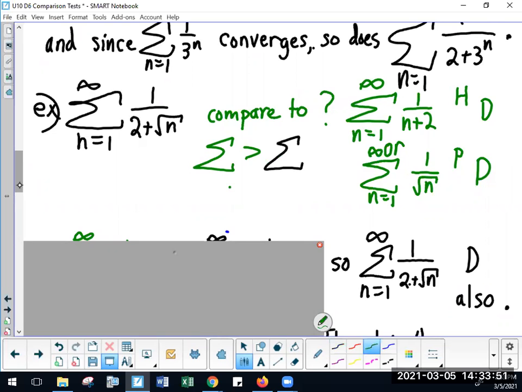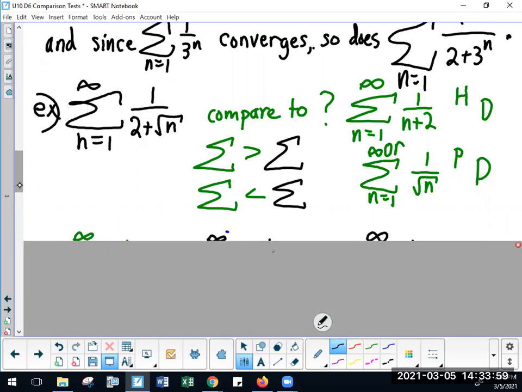Or do I want my new series less than the original series? Think about that for a little while. Which one of these do I want to be true when I look at my term-by-term comparison, either on the calculator or by writing some terms out, regardless of which series I use? By the way, I'm going to use this one.